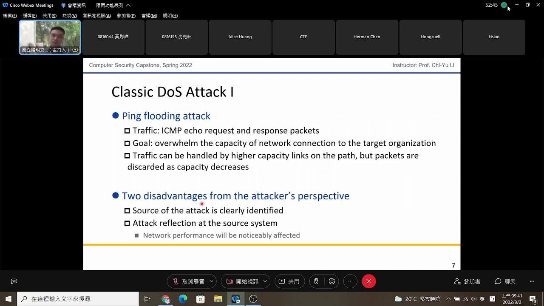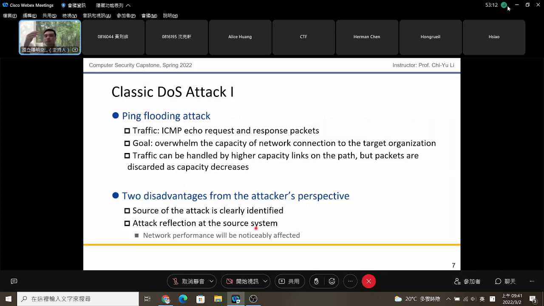The second disadvantage is attack reflection at the source system. When we use ping to ping the target machine, we will also receive the response from the target machine. Then our bandwidth will also be consumed very quickly, because we send out the ping echo request and we will also receive a response.